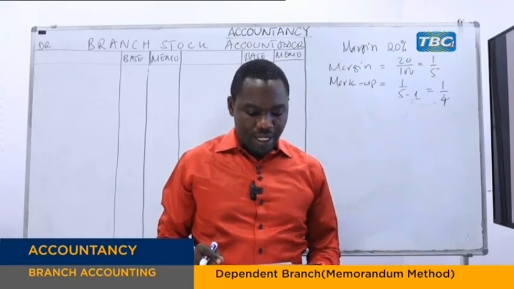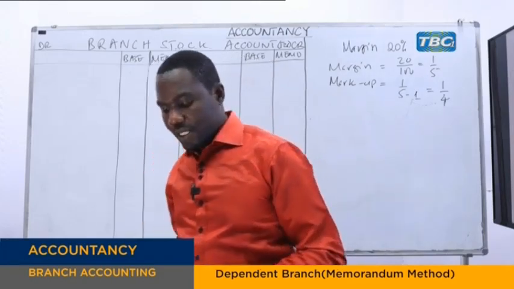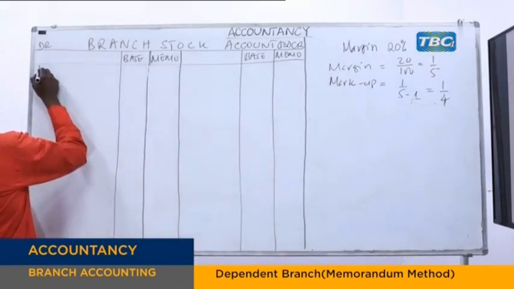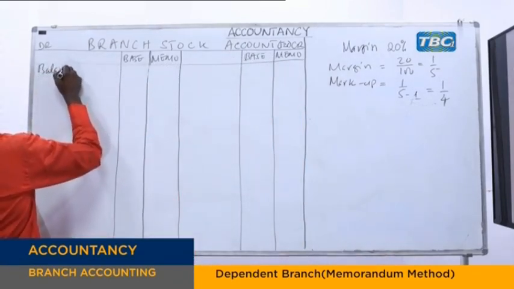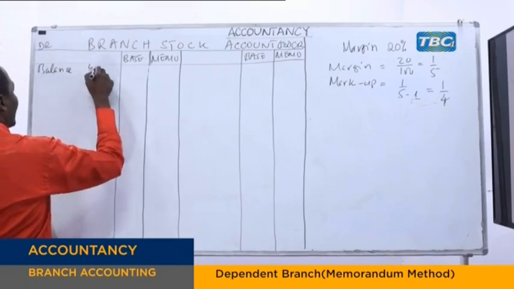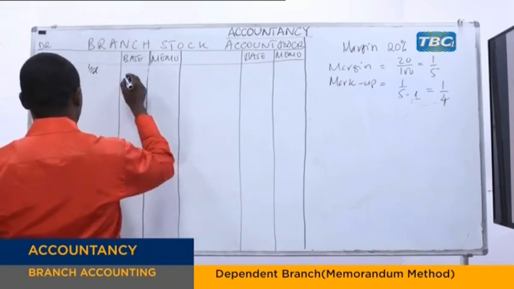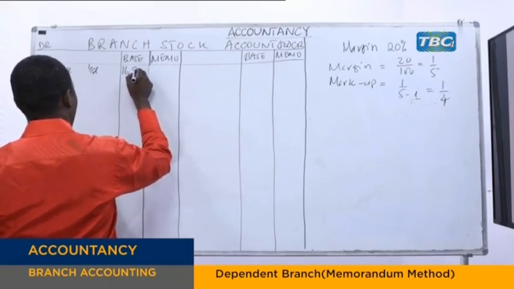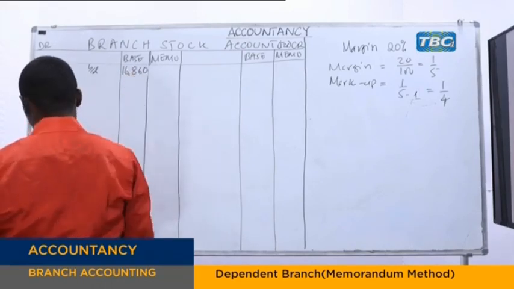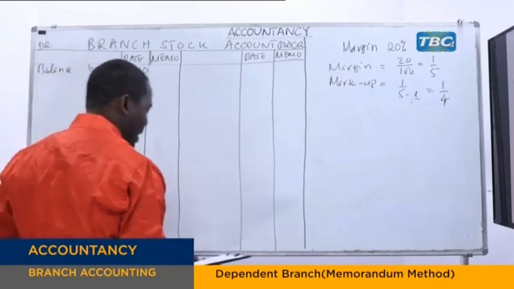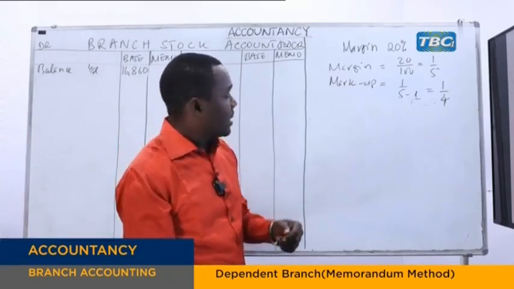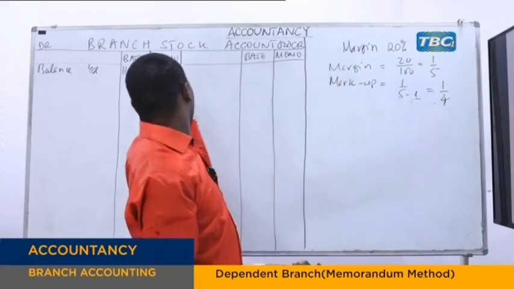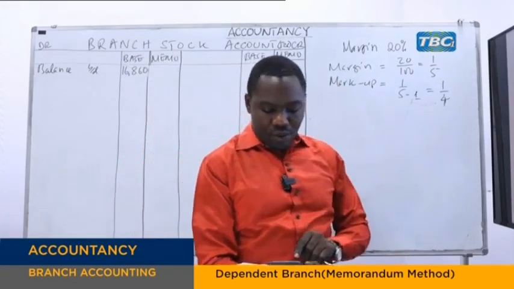We are given the opening balance, that was branch stock at cost. The balance at cost is 16,860. If this was at cost, we need to raise it by adding the markup to the cost to get the selling price. So what was the cost?